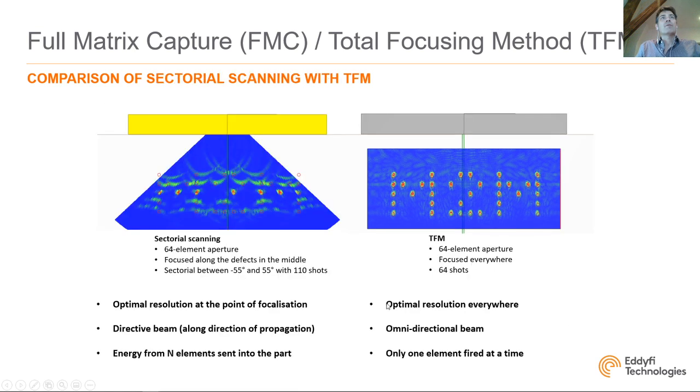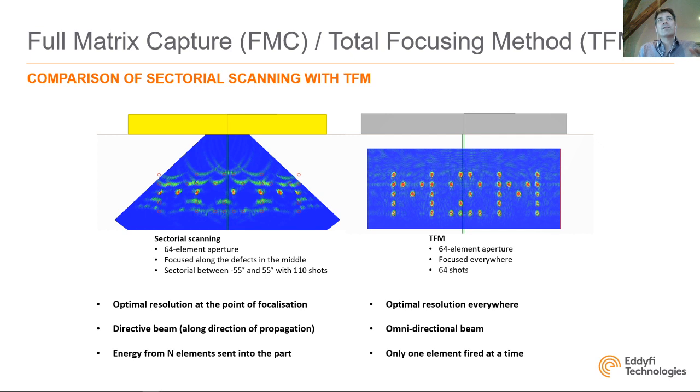Now let's compare to a sectorial scan, and here I'm going to use the 64 elements for the sectorial scan, and I'm going to focus the energy right here at the midsection. Here I have exactly my same TFM, and if you look at that particular position, you can see that we have exactly the same spatial resolution, which is normal because we are using the same aperture, 64 elements, and we are focusing at exactly the same location.